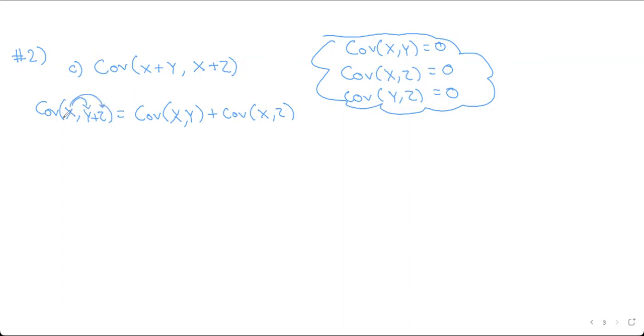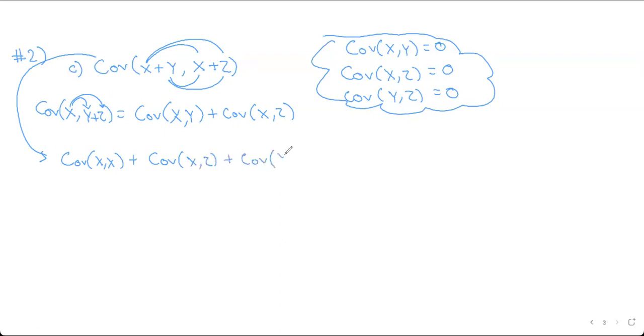If you remember FOIL from mathematics, it's kind of the same thing. So we're pairing x and y together and then x and z together. So if we wanted to do that for this up here, we need to pair xx together, xz together, yx together, and yz together, okay? So we can rewrite this as the covariance of xx plus the covariance of xz plus the covariance of yx plus the covariance of yz, okay?